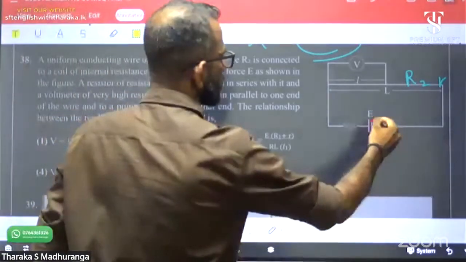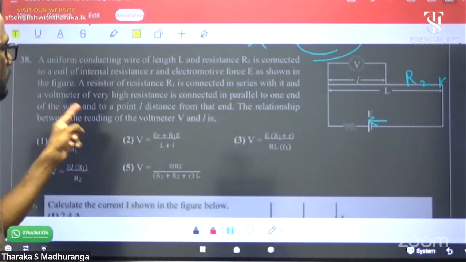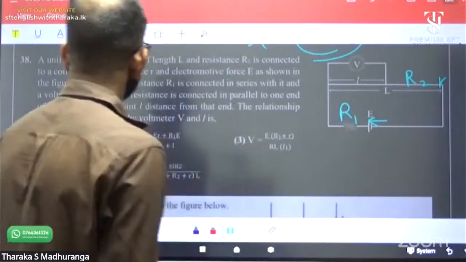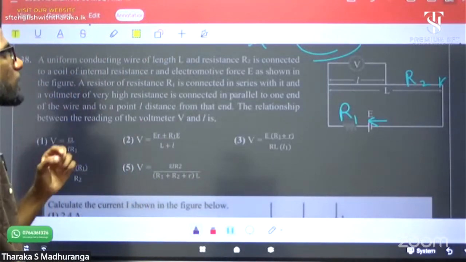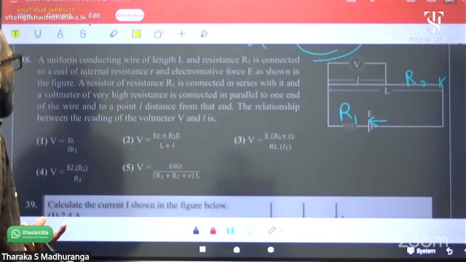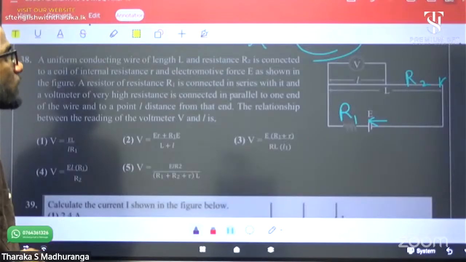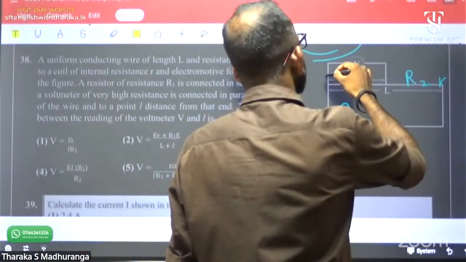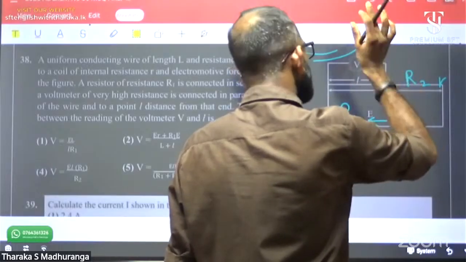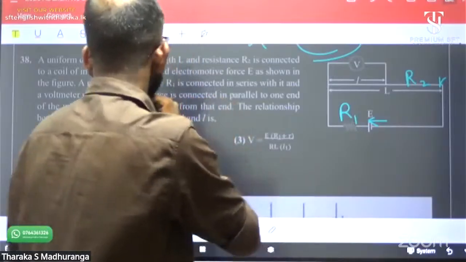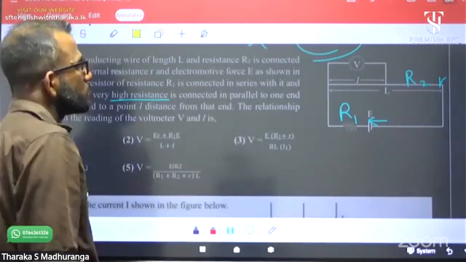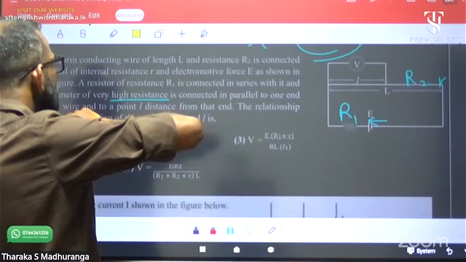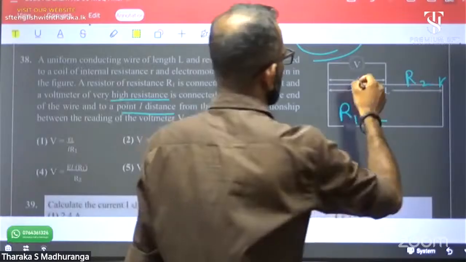This is the electromotive force E direction, right? A resistor of resistance R1 is connected in series with it, and a voltmeter of very high resistance is connected in parallel to the end of the wire and the point at distance L. High resistance means the current is not flowing through the voltmeter, it's only for the purpose of getting the voltage.